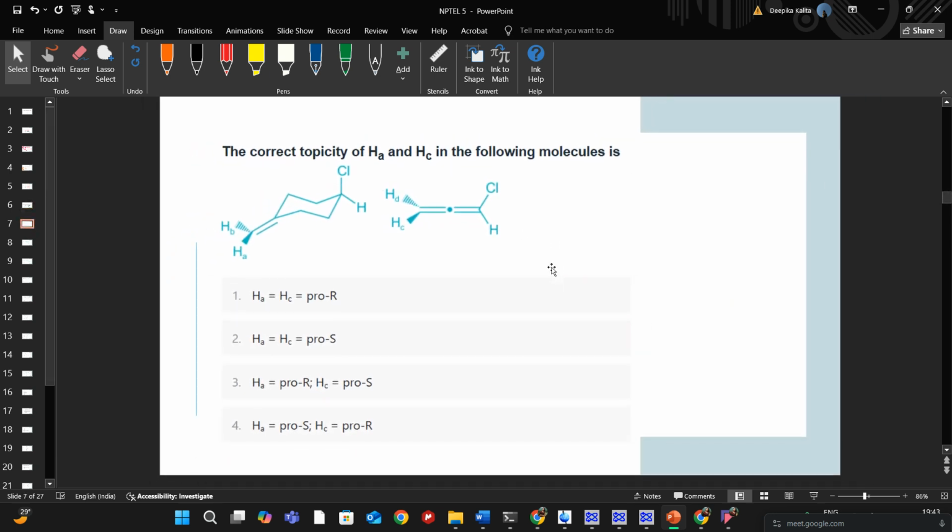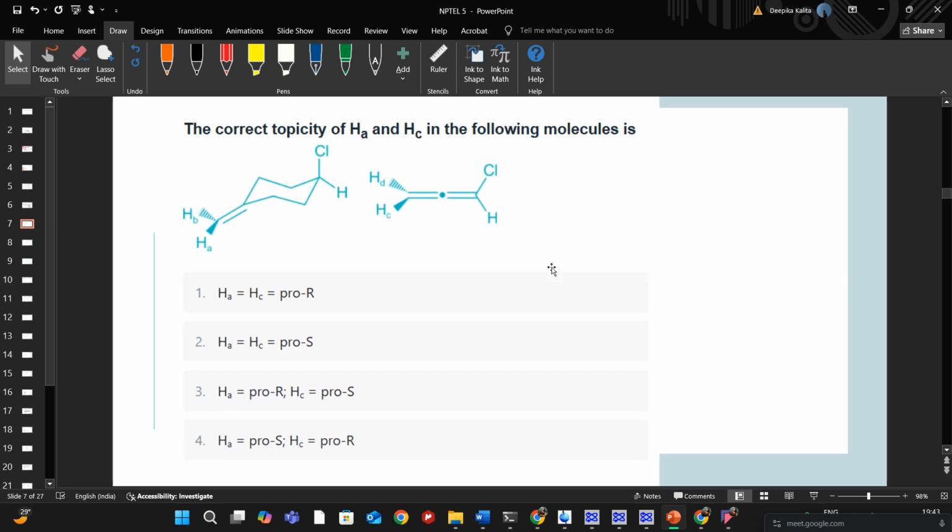Let us now solve this question on prochirality. So two molecules are given here, and you are asked the correct topicity of HA and HC in the following molecules, whether HA and HC are pro-R or pro-S.